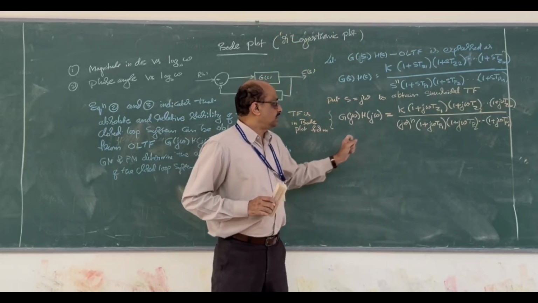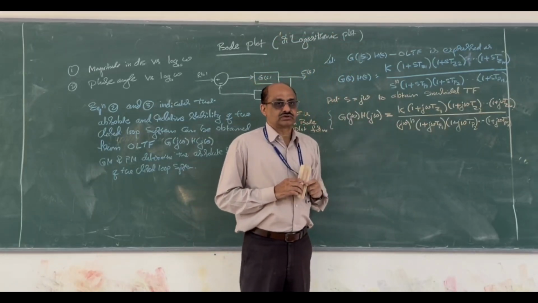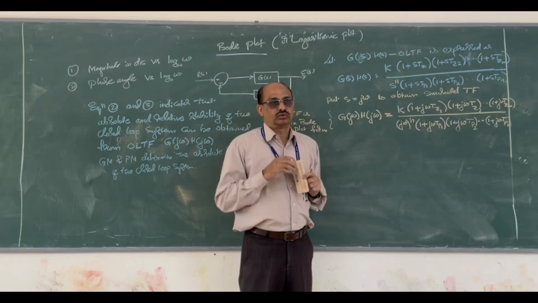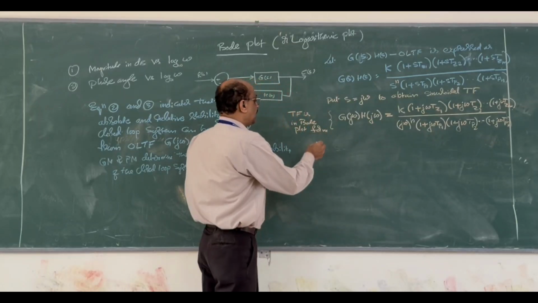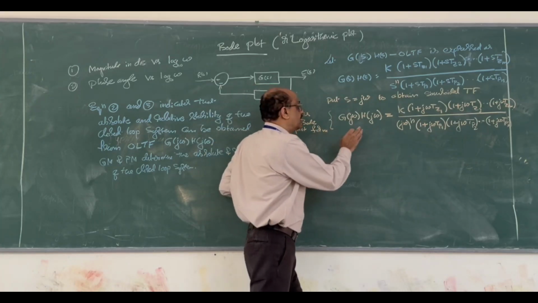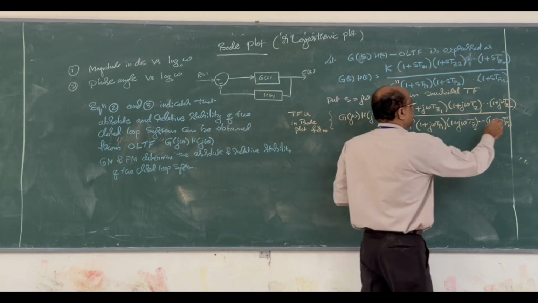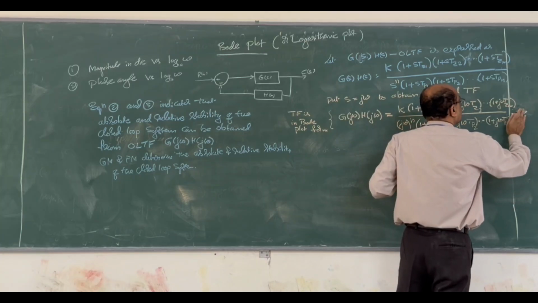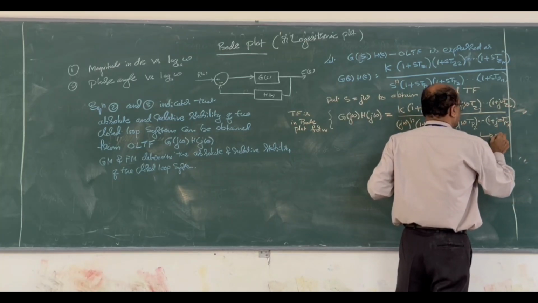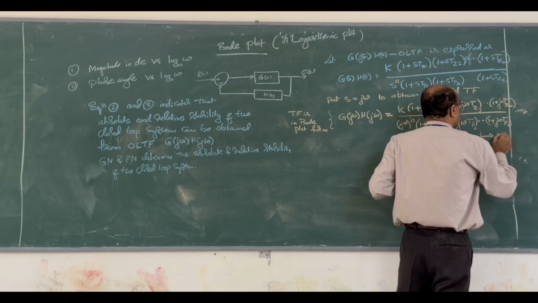After you obtain the Bode plot form, the next step is to obtain the magnitude and phase angle. Let me go for the magnitude of this expression. I called that equation 3, so I'll call this equation 4.